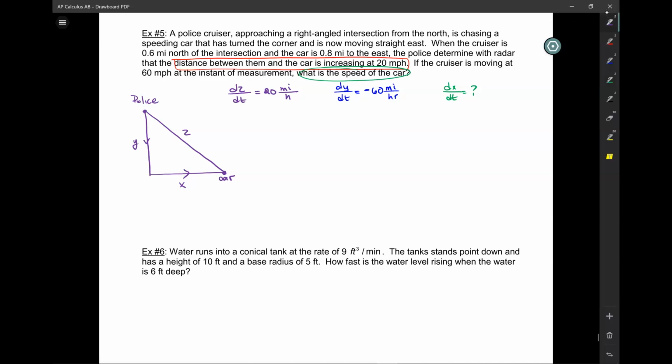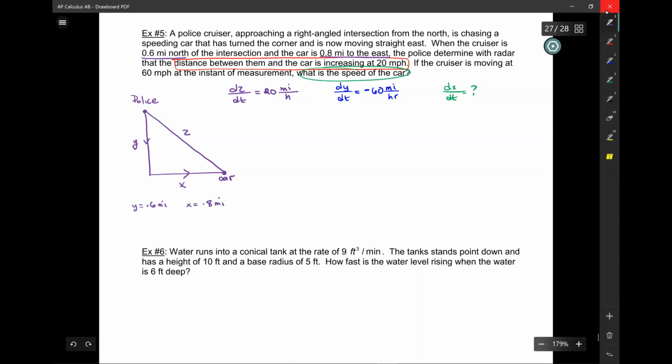All this is happening when the cruiser is 0.6 miles north and the car is 0.8 miles to the east. So y is 0.6 miles and x is 0.8 miles.